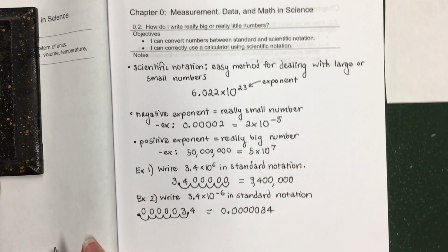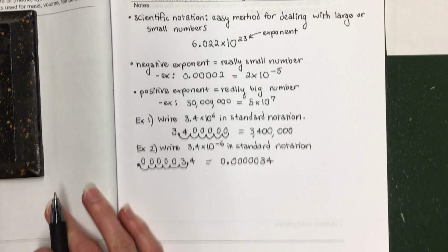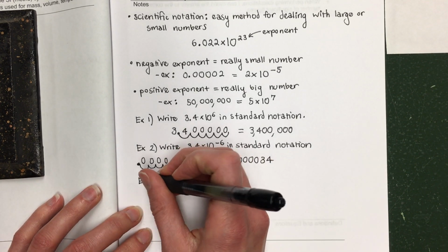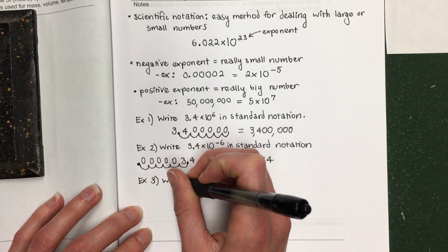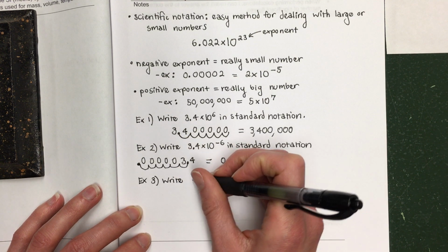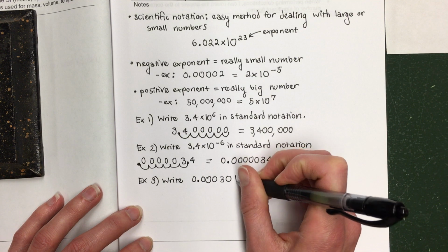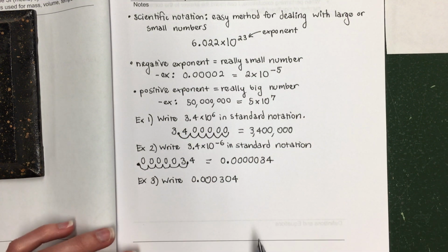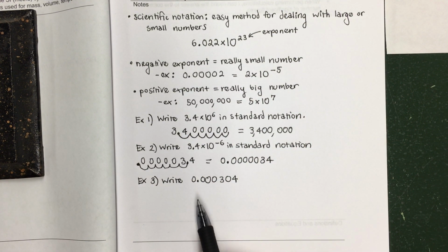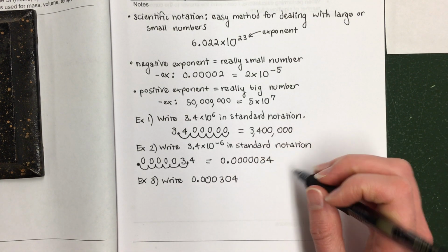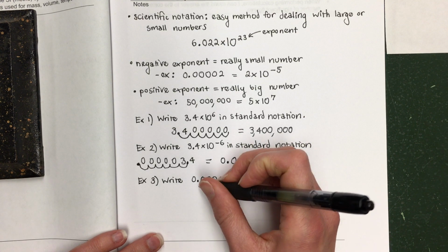Okay, so let's do a couple of examples where I want to go into scientific notation. So let's give us a number. Let's do 0.000304. Okay, I want to put that in scientific notation. The rule is I need to have just one number in front of the decimal point. If I have any more than one number in front, then it's wrong.